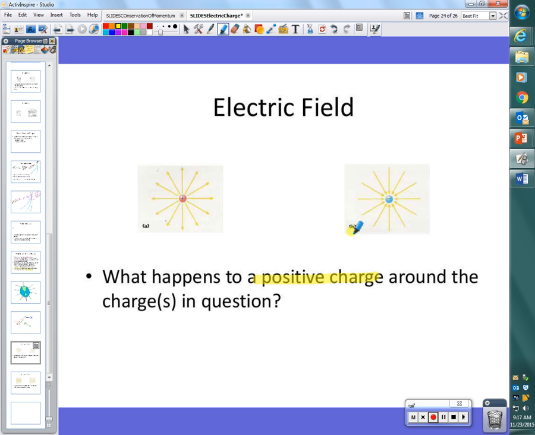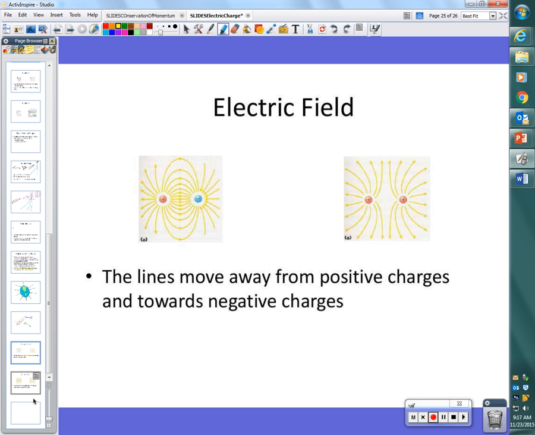Okay? That's easy if we only have a single charge, but if we start putting multiple charges together, red is still positive, blue is still negative. If we put a positive charge anywhere in this area, even though there's two objects, right, that positive charge is going to be pushed away from red and pushed towards blue, right?